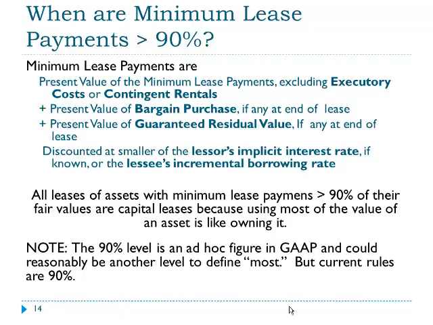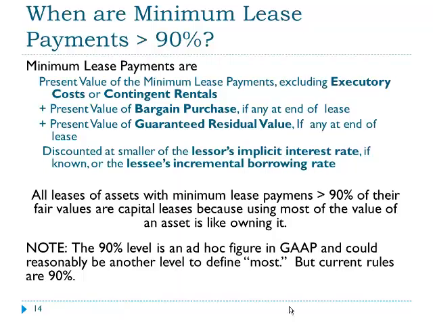The reason that the smaller interest rate is used, we've got to think back to time value of money. If we have a smaller discount rate, then we're going to have a larger present value. So this is a mechanism to make sure that we don't understate the value of the asset and the value of the lease obligation.